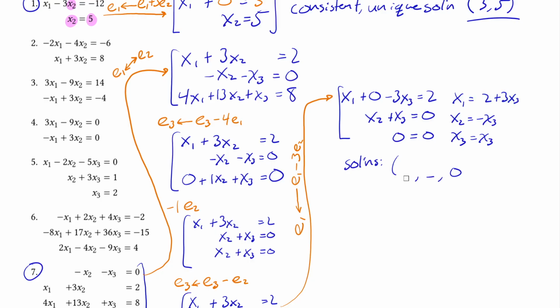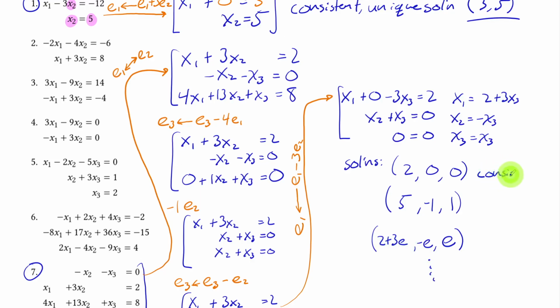So if x3 is 0, x1 will be 2, x2 will be 0, and that's one solution. Another one is if x3 is 1, x2 will be negative 1, and x1 will be 5. If x3 is e, x2 will be negative e, and x1 will be 2 plus 3e. So there's an infinite number of solutions. It's definitely consistent.